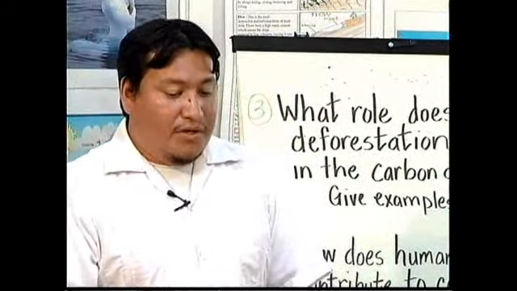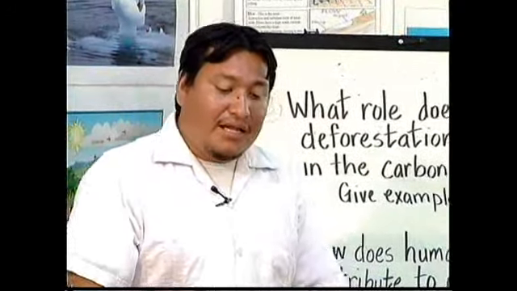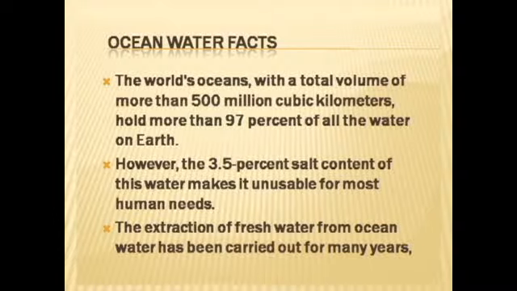And if we do not manage it properly, it can be depleted. However, the 3.5% salt content of ocean water makes it unusable for most human needs. Have humans developed a method of filtering salt water so it can be safe to drink?